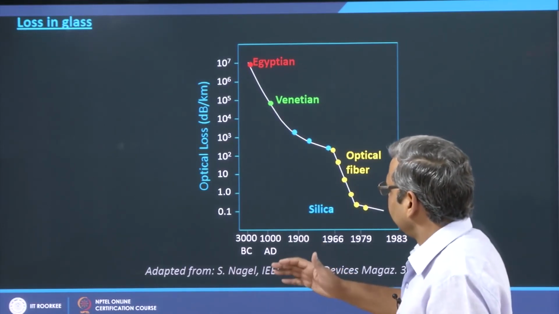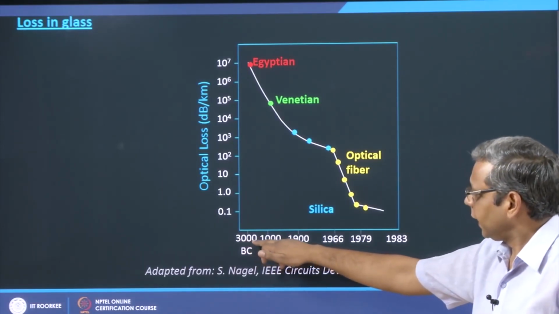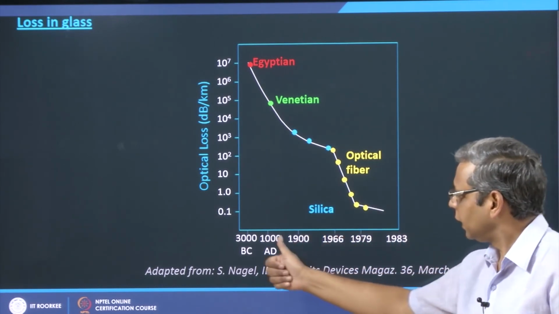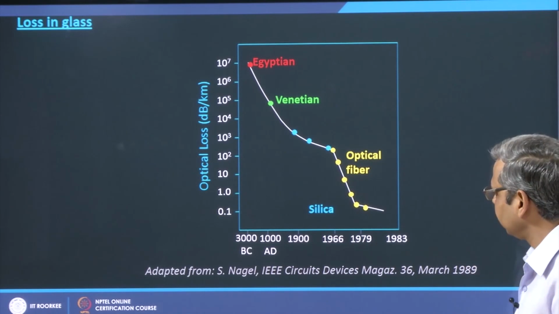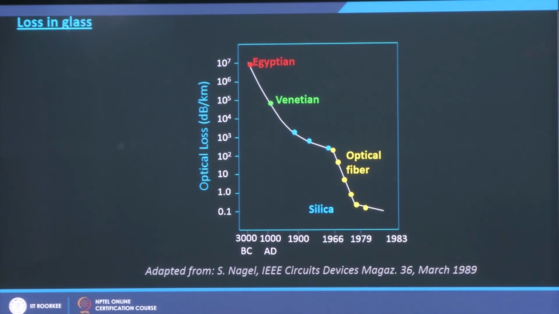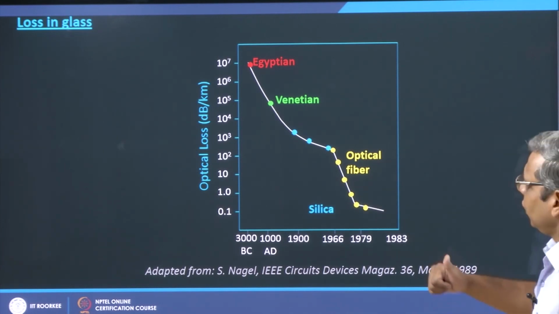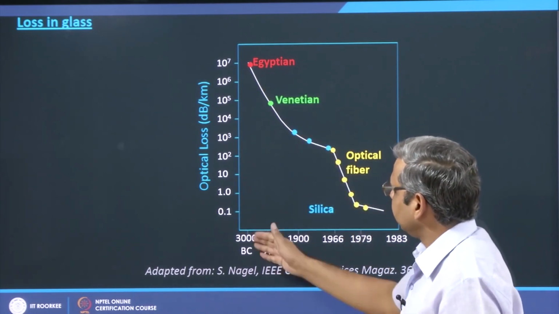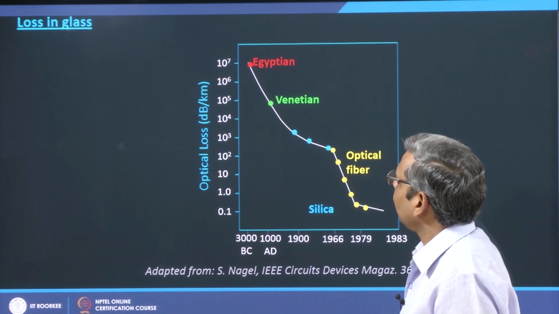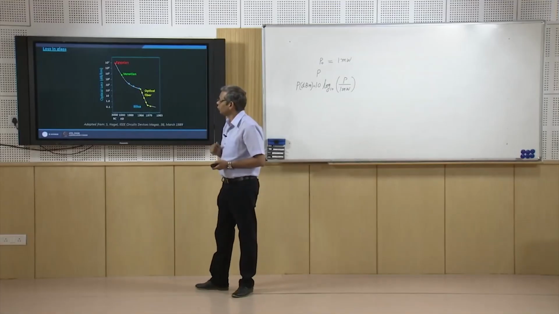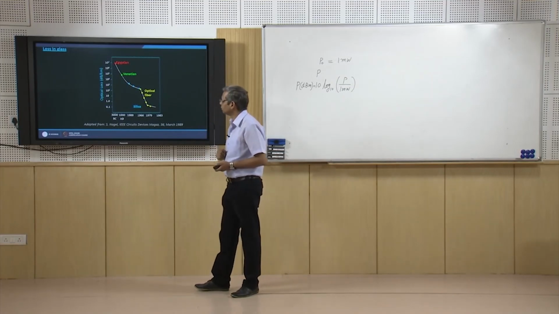If I look at the Egyptian age around 3000 BC, the loss in glass was something like 10 to the power 7 dB per kilometer.